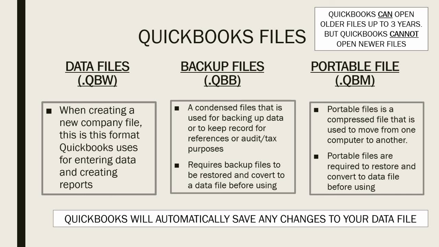Now, of course, you can do the second option, which is to create a portable file. What does the use of a portable file do? It basically makes a copy of the current working data file, and it shrinks it, compresses it to a small portable file that you can email to your coworkers, send to other people, or send to your accountant.